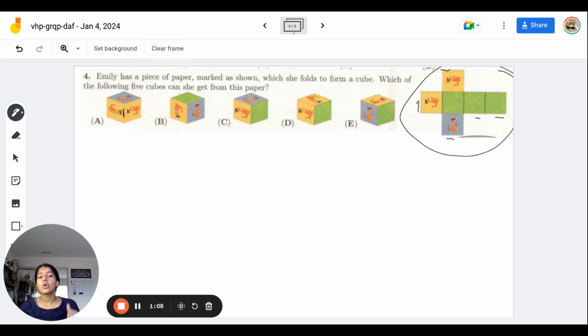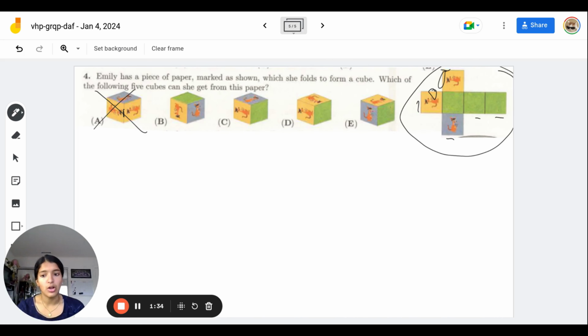So you're not totally sure which one's exactly on the bottom. So when we look at A, we see that these 2 kangaroos have their heads together. But when we look at the 2 adjacent yellow squares, we see that this front of the kangaroo is adjacent to the head of the kangaroo. So there's no way that you could get A as a cube. So we're going to cross that out.